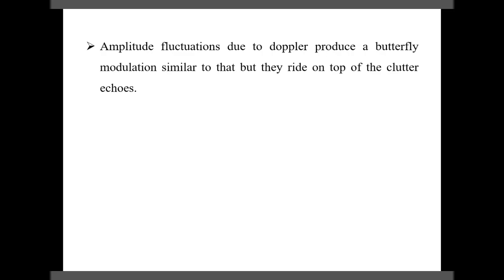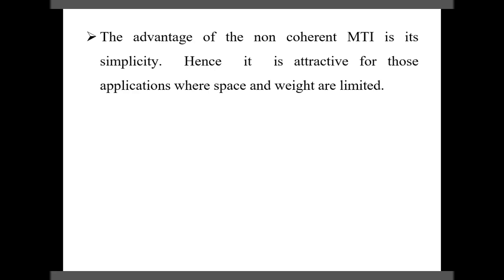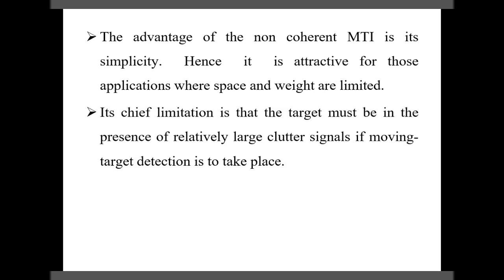The amplitude fluctuations due to the Doppler produce a butterfly modulation, but they ride on top of the clutter echoes. The advantage of the non-coherent MTI is its simplicity. Hence, it is attractive for those applications where space and weight are limited.